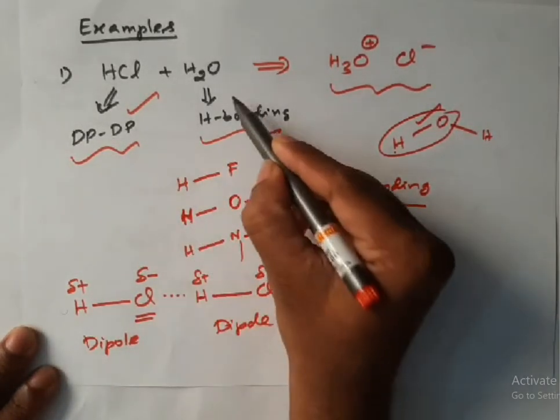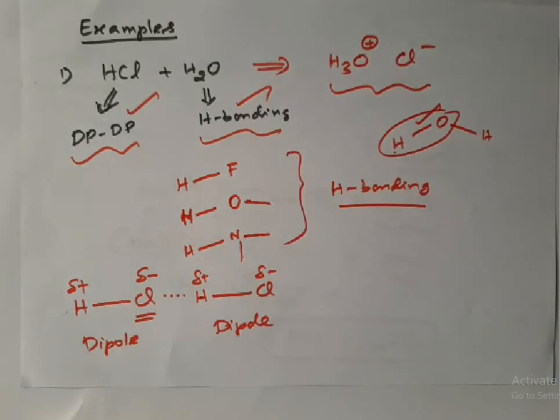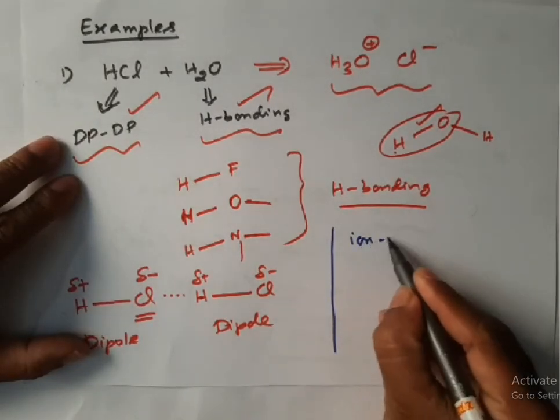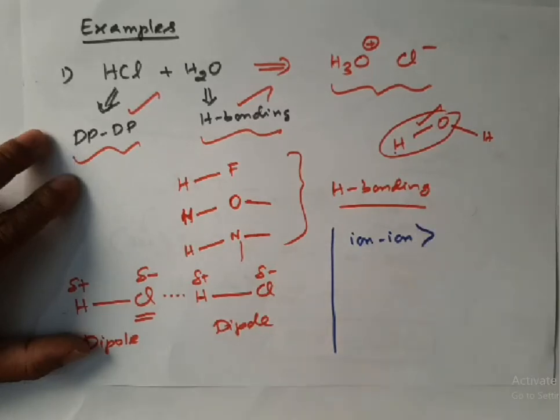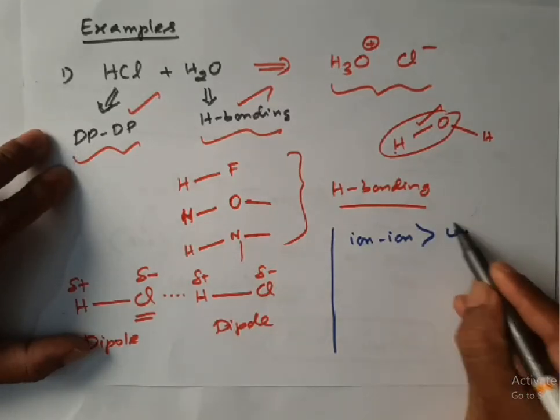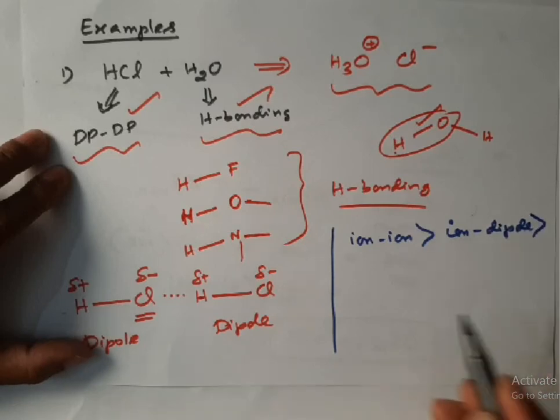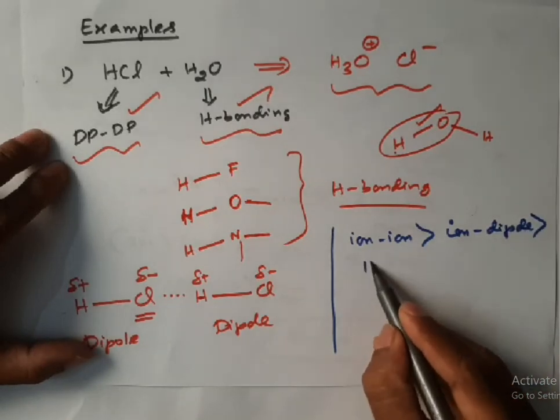In water we have hydrogen bonding attraction. In the last class I told you hydrogen bonding attraction is stronger than dipole-dipole attraction, right? You might remember that. Anyway, I'll write here. Students, remember this, very very important. Ion attraction is very much stronger than ion-dipole attraction, which is stronger than hydrogen bonding attraction.